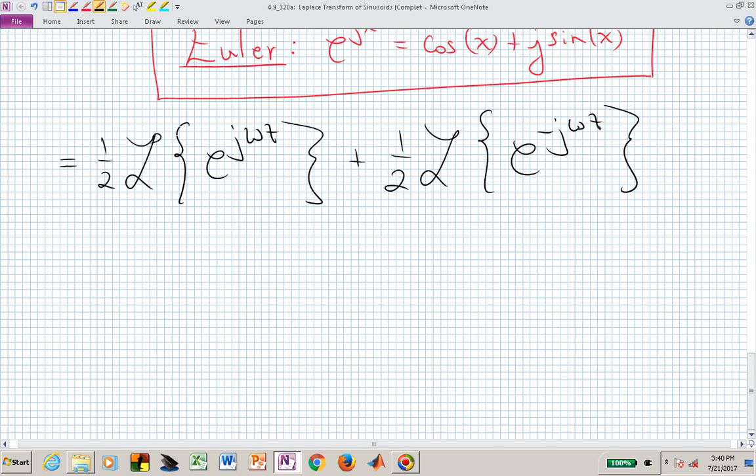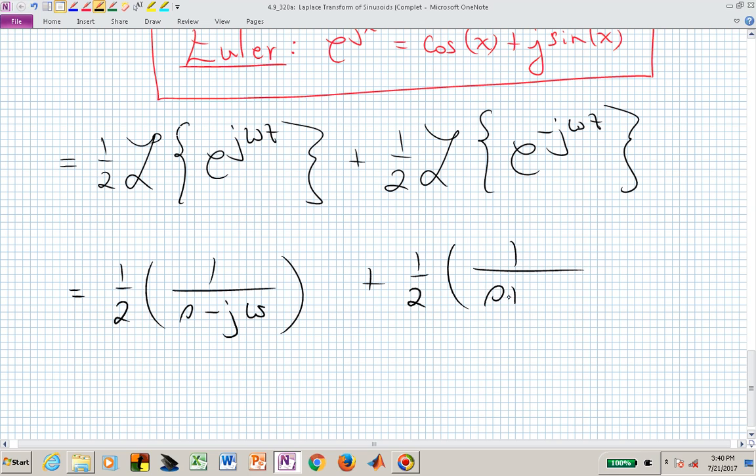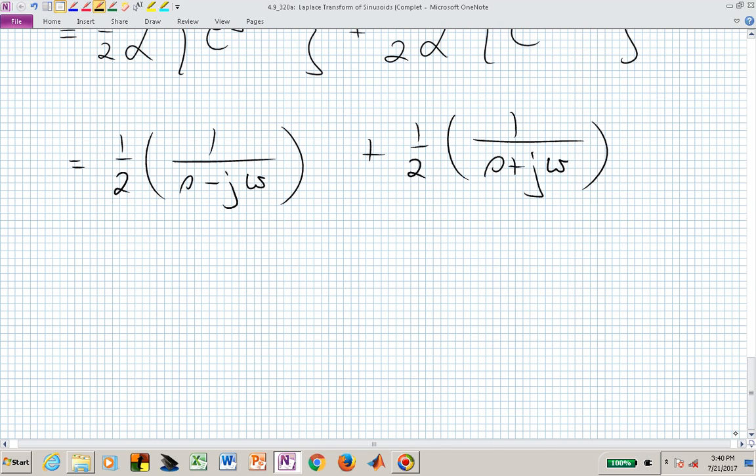Or in other words, we now have 1/2 times 1 over s minus j omega plus 1/2 times 1 over s plus j omega. That's not a real clean way of writing the result, so let's combine these fractions and see if that allows us to end up with a cleaner result.